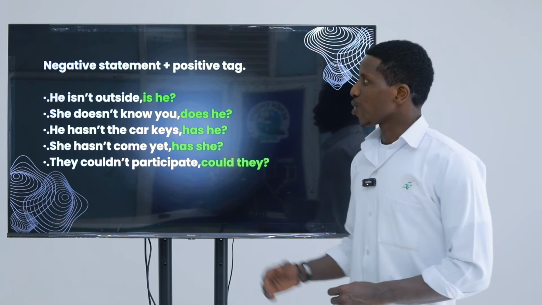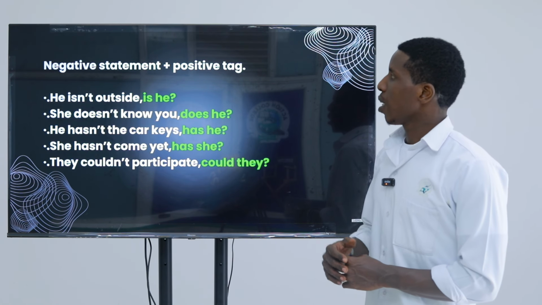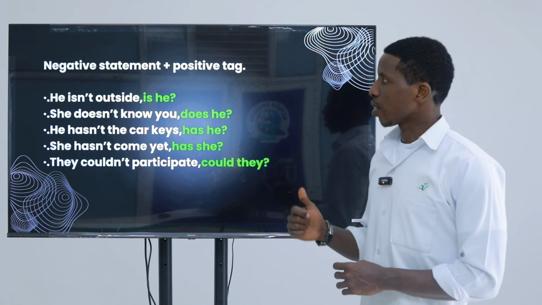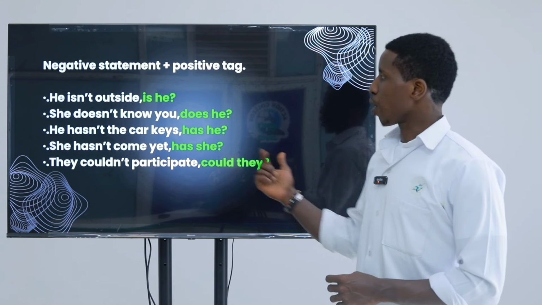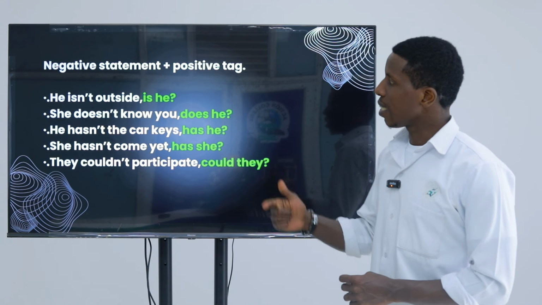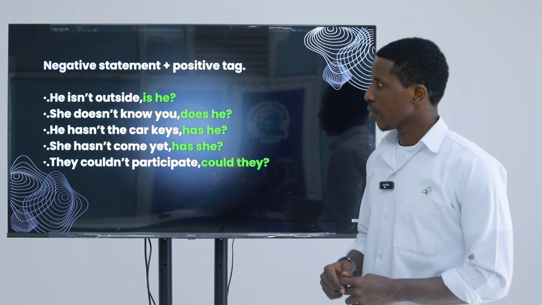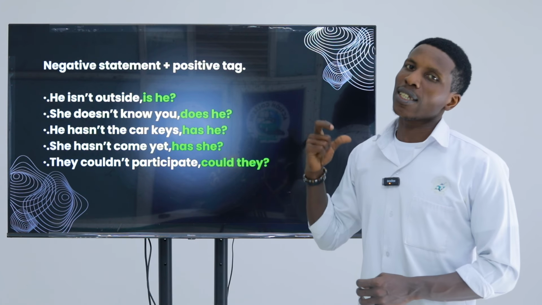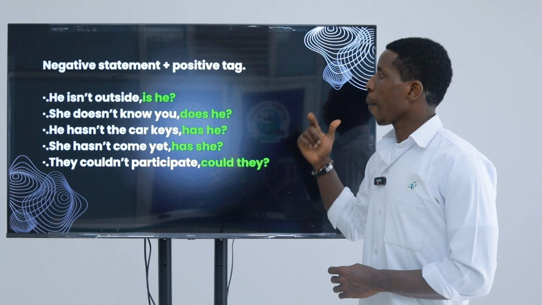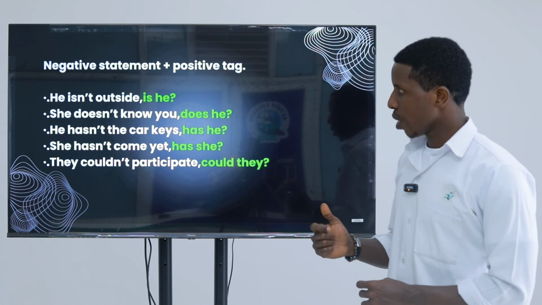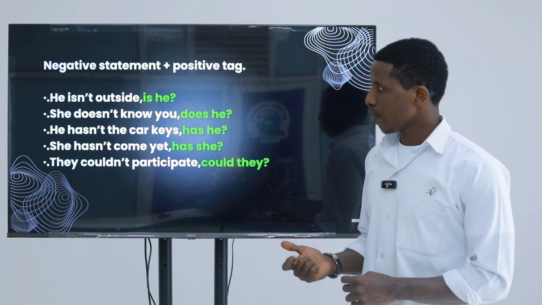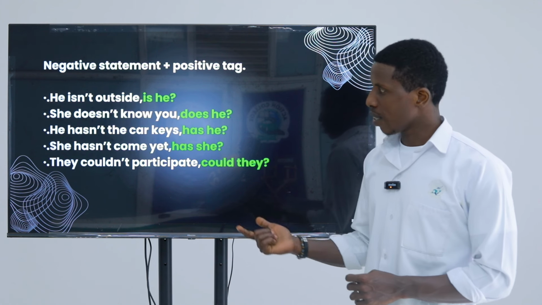All right. So here we have a negative statement. The tag must be positive. This is the second rule. For example, we have he isn't outside, is he? So he isn't outside is negative, so the tag must be positive. She doesn't know you, does she?